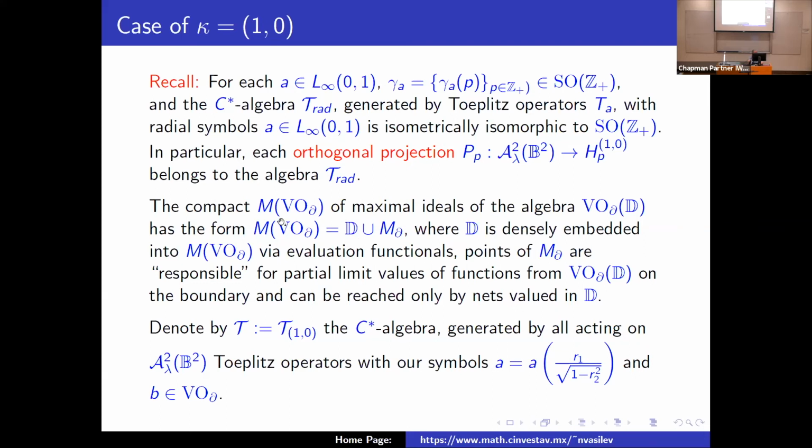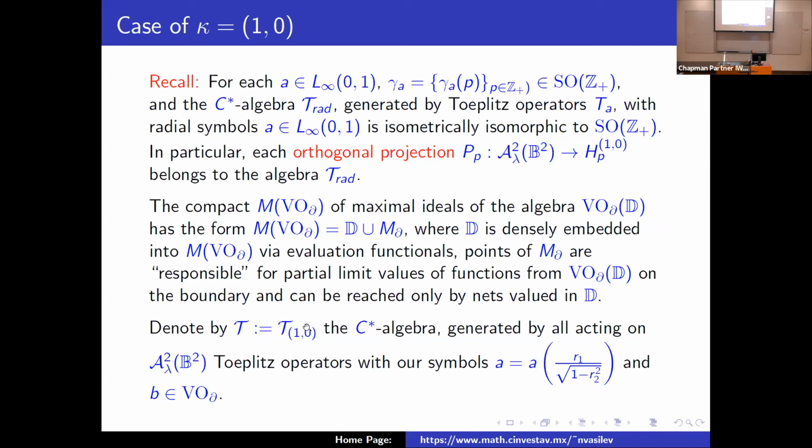The compact of maximal ideal of this slowly oscillating, vanishing oscillating function algebra, again, is D together with the fiber on the boundary. D is again the evaluation function at each point of the unit disk, and the fiber is responsible for different limit values of oscillating functions on the boundary.